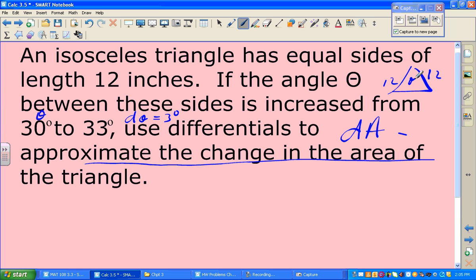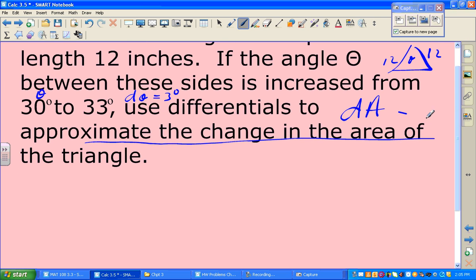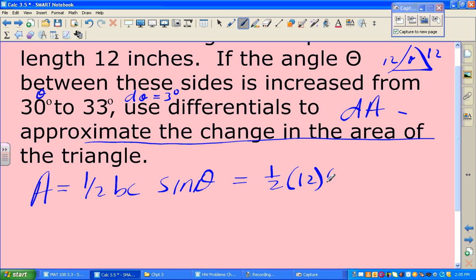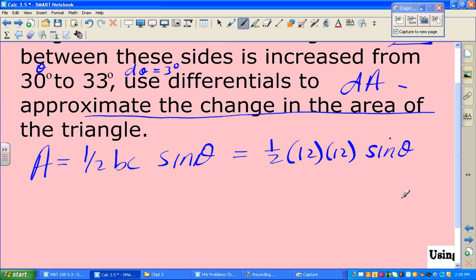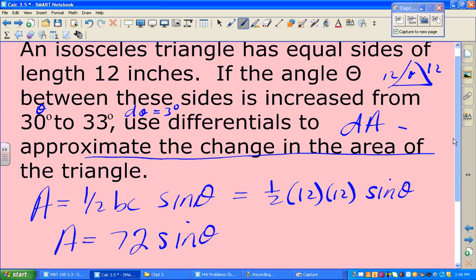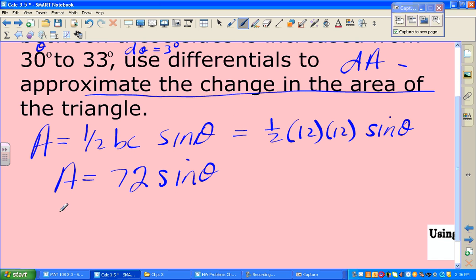So how do you find the area of a non-right triangle? 1/2 bc sine of theta. So that'll be 1/2 times 12 times 12 times sine of theta. The 12s aren't changing, only theta is. So the area equals, what's 6 times 12? 72 sine of theta. So I need to find dA.